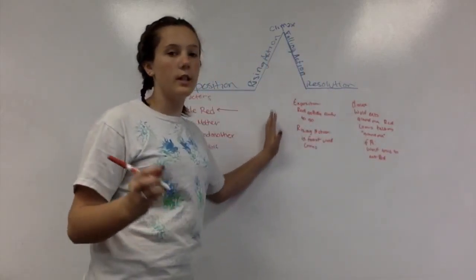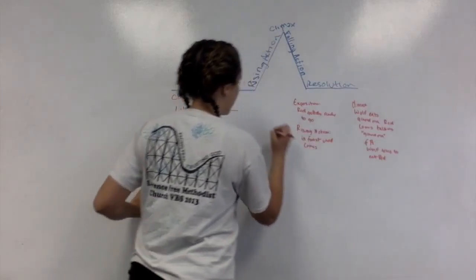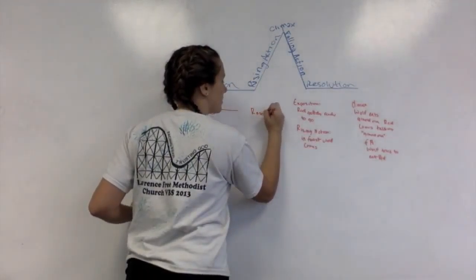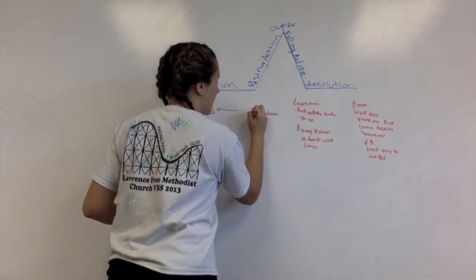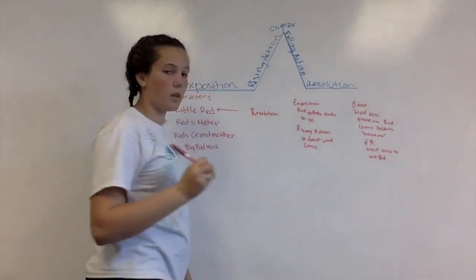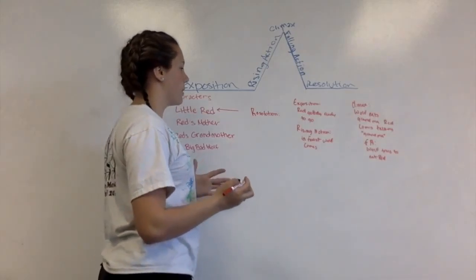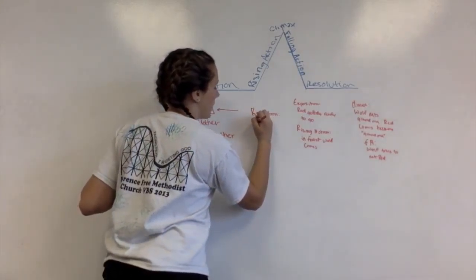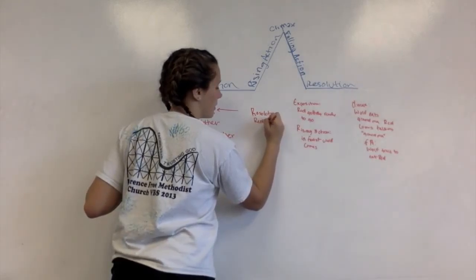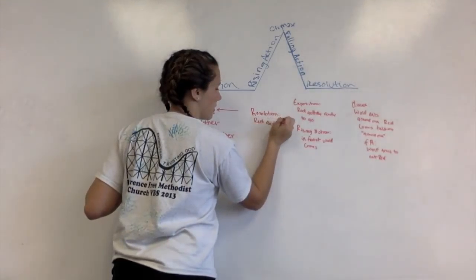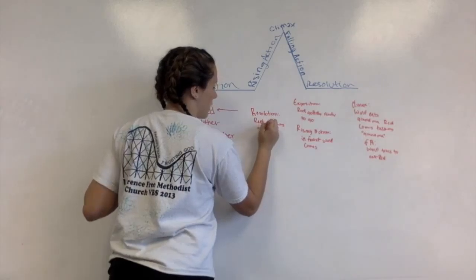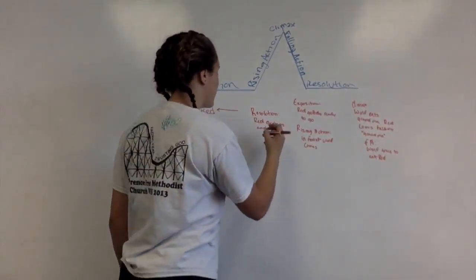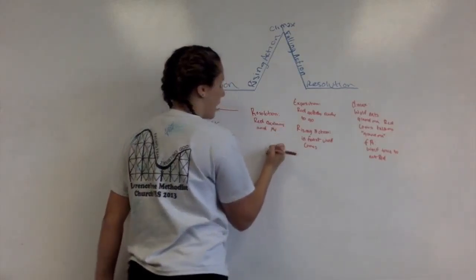And then the resolution is when, so let's write resolution right here since it's the best part, is when Red calls for help and the huntsman comes. I think that's what it was. So when Red screams and Mr. Whatever, so we'll just name him Mr. comes and helps.